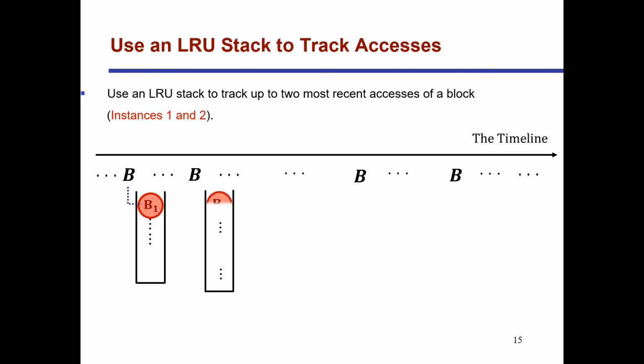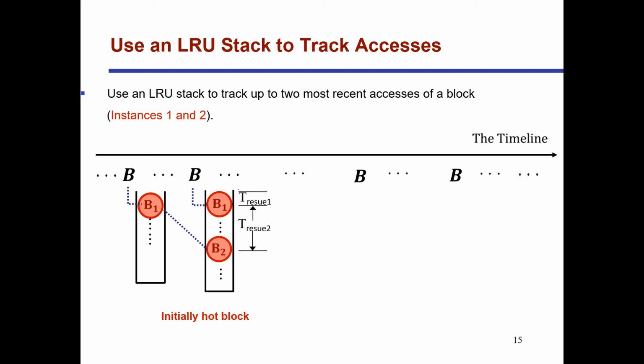After the second access of B, a new instance 1 is pushed into the stack, and the original instance 1 becomes instance 2. In this way, we can efficiently track the first reuse distance and second reuse distance of this block.